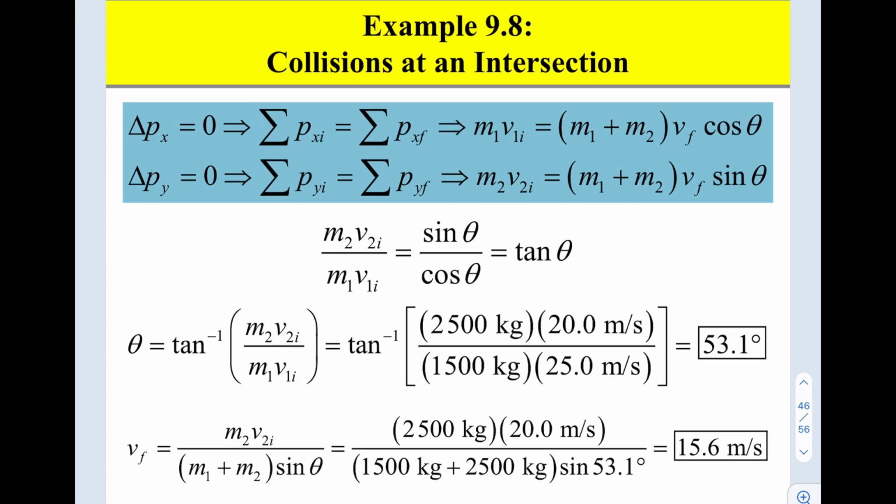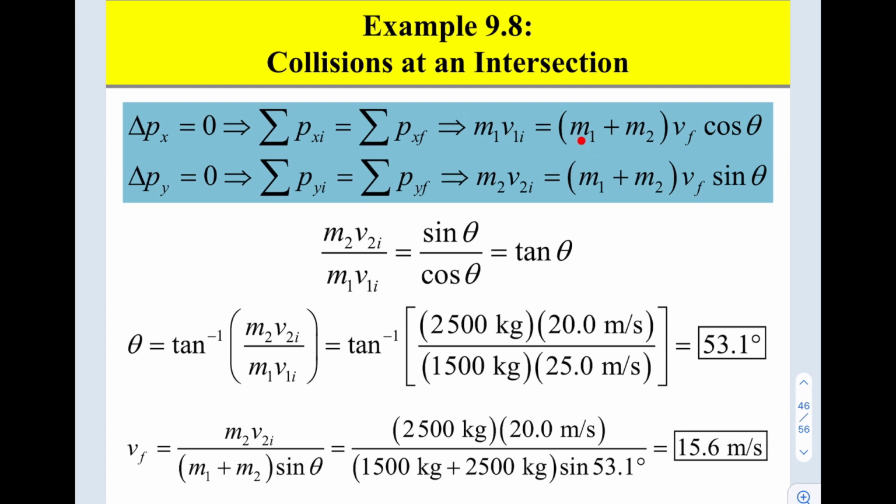So, conservation of momentum. Initially, in terms of x, only object 1 has velocity. For object 2, its initial velocity is in terms of y, remember.